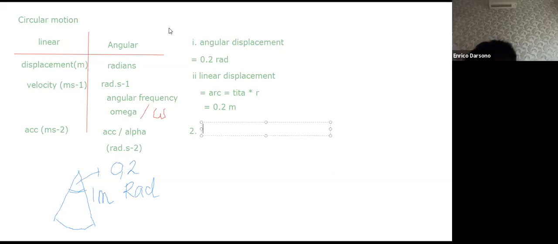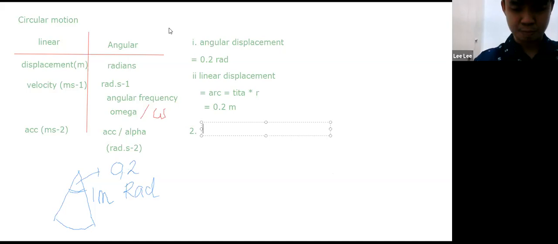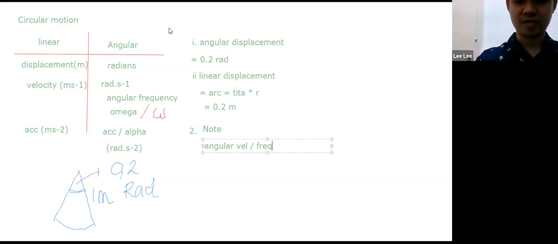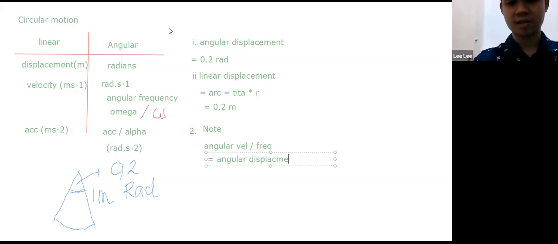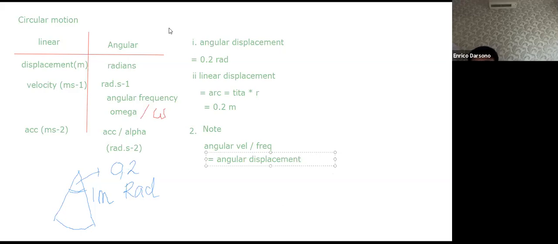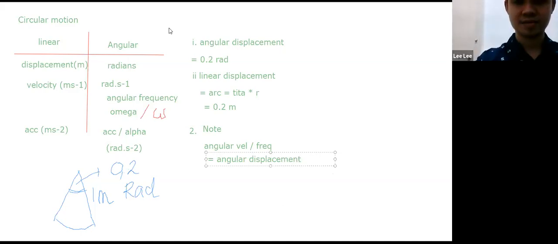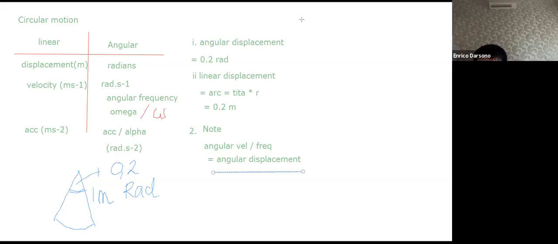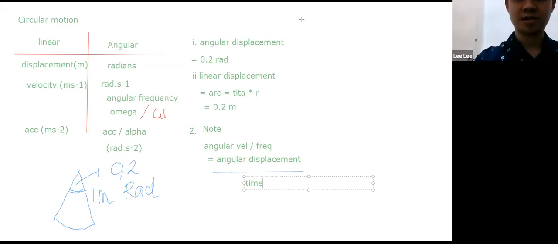Now we got another note. So for angular velocity, also known as angular frequency, the formula is the angular displacement divided by time, right? Understand what I'm talking about until here? Yes, sir.